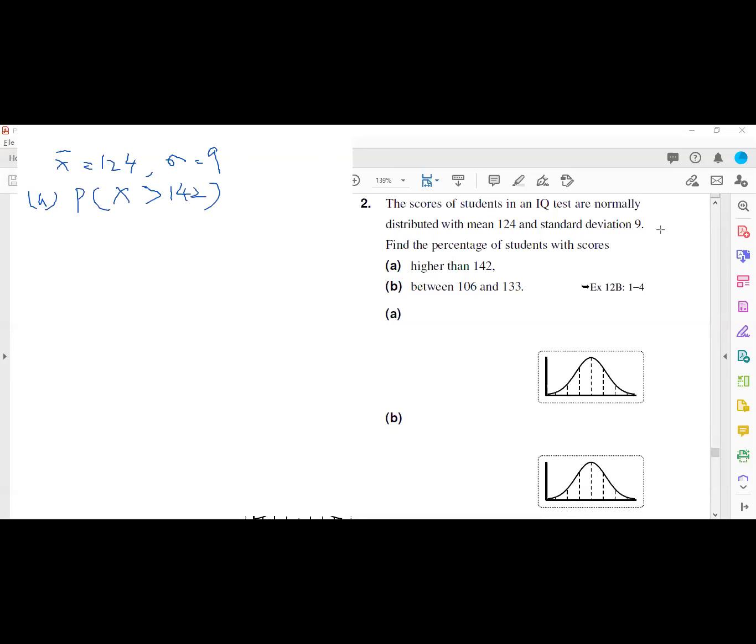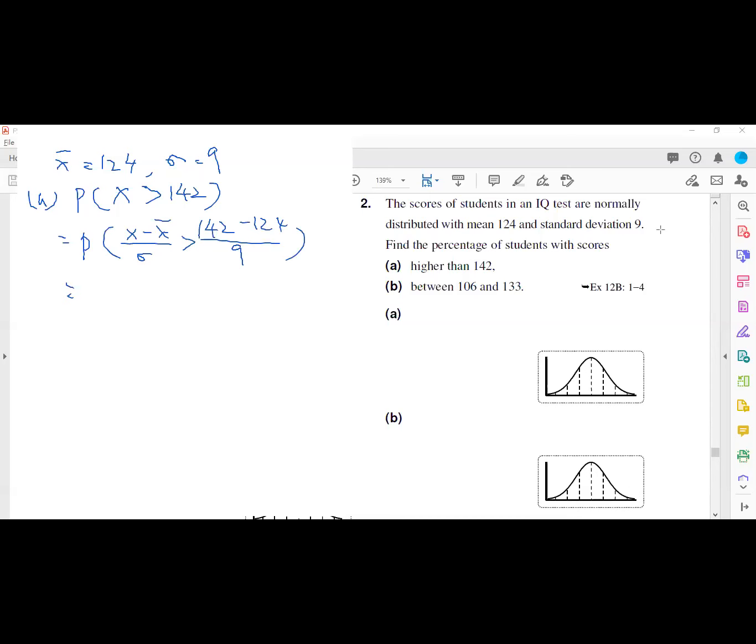Okay? Is that all right? I'll talk as I go, and if you can't follow, ask right away. Okay? And then the first step is to subtract the x bar and then divided by sigma. So x minus x bar over sigma. But for a number, we use the number 124 divided by 9.